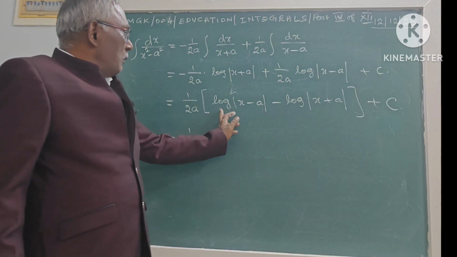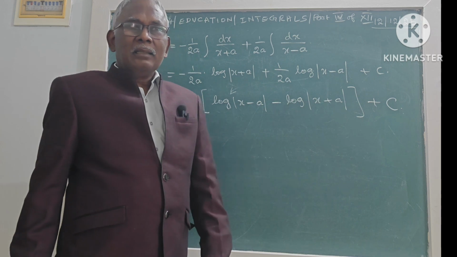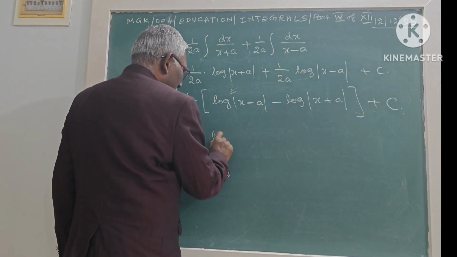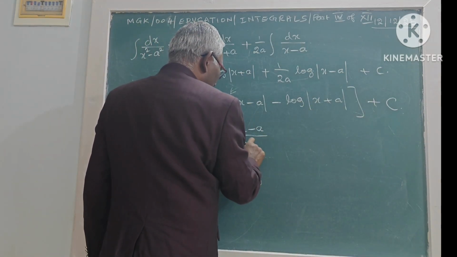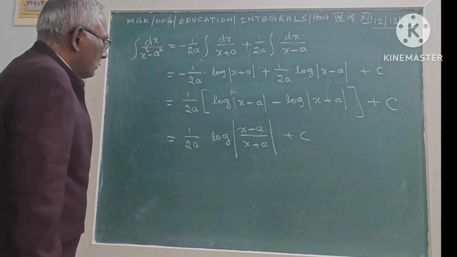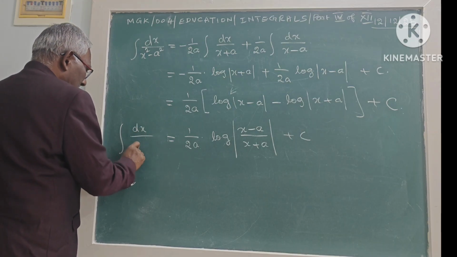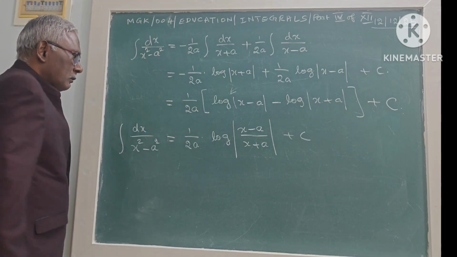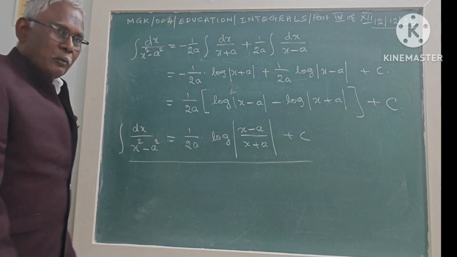So again this is in the form of log m minus log n. What is log m minus log n? It's nothing but log m by n. So this is nothing but 1 by 2a log of x minus a by x plus a plus constant. So this is the answer.